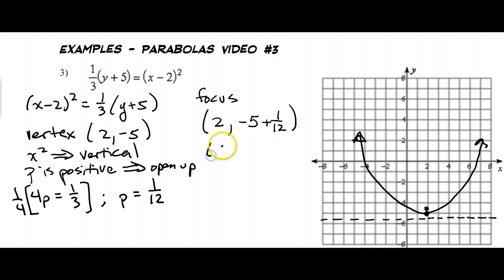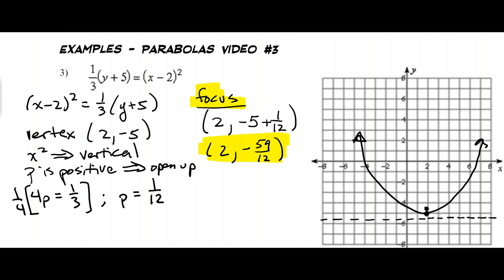Alright, and feel free to just plug that into your calculator to figure out what it is. It's going to be -4 and 11/12, or if you're doing it on the calculator, it's going to tell you -59/12. Okay, I don't really care how your answer is. So there's our focus.